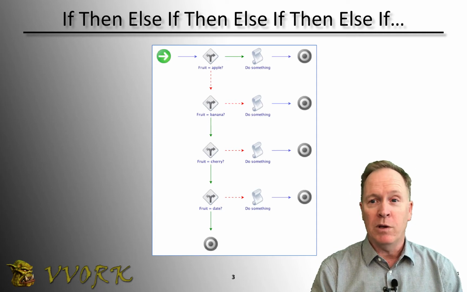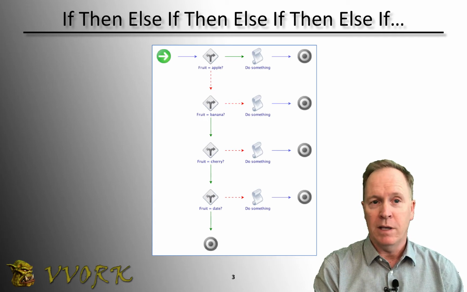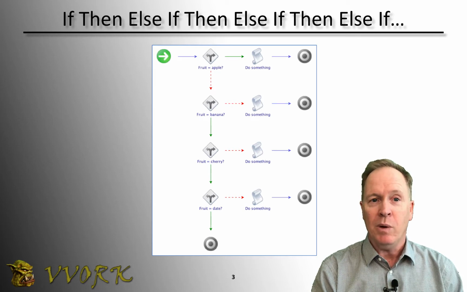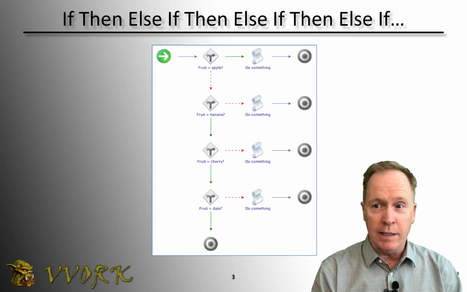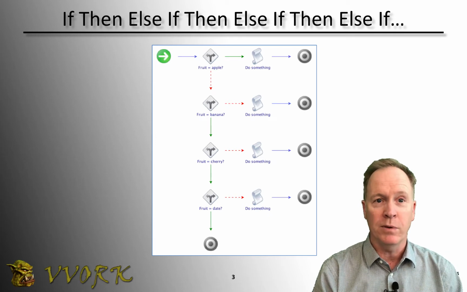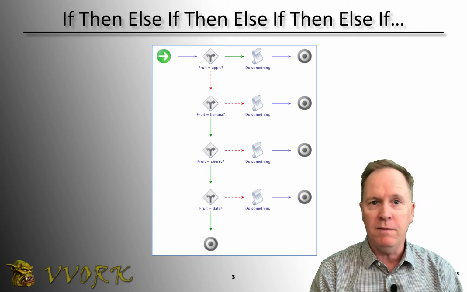What you end up with, if you're using the branching constructs that we talked about in the previous three videos, or JavaScript if-then type statements, is ugly. In this particular example, we're only looking at 4 different fruits. But what if we had a basket full of fruits, 20, 30, 40, 50 different kinds?